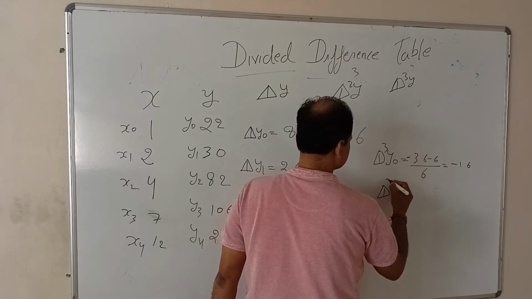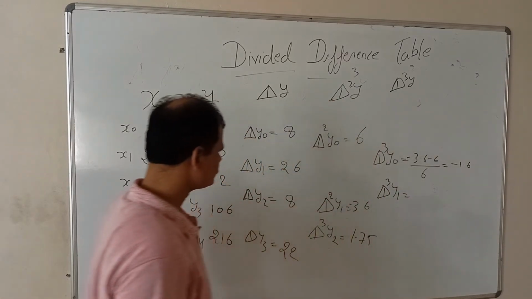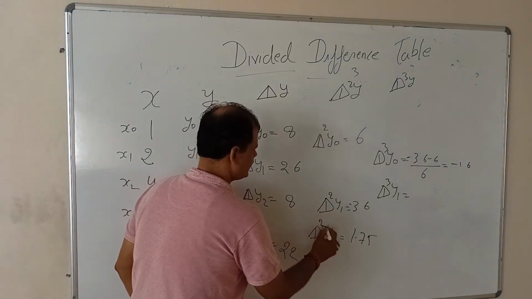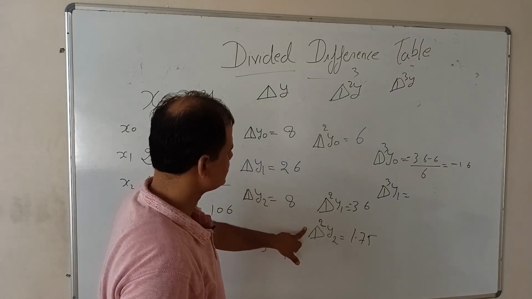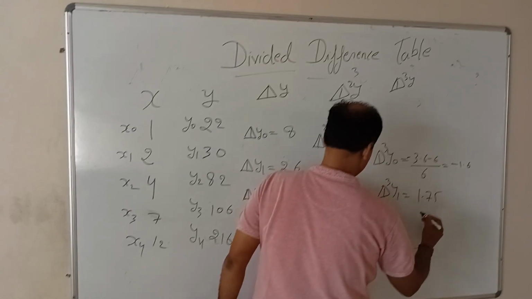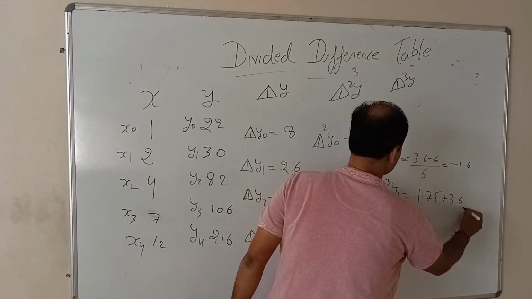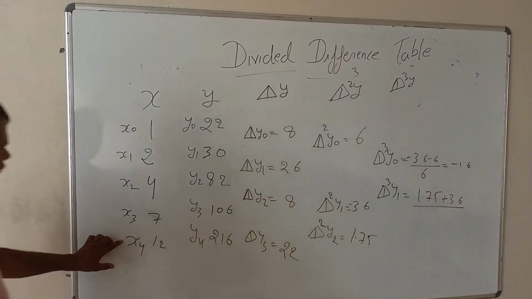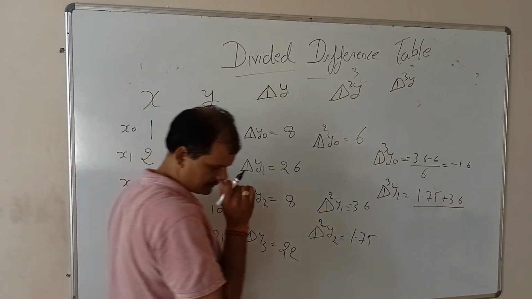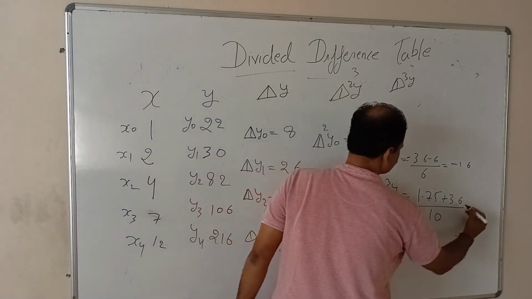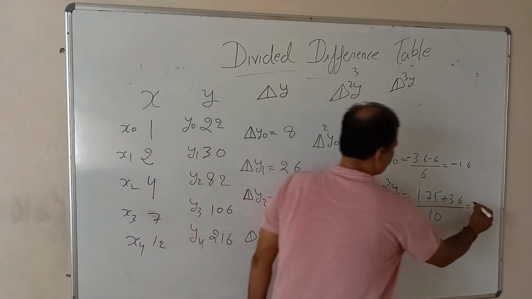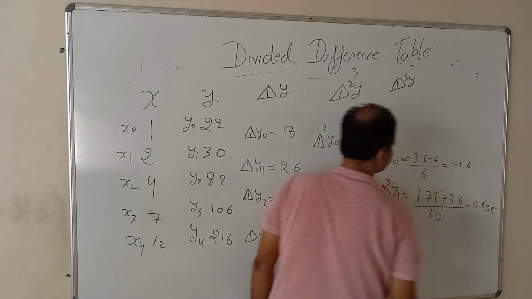And delta cube y1 means delta square y2 minus delta square y1. So 1.75 plus 3.6 divided by x4 minus x1. So 12 minus 2, 10. So your delta cube y1 answer will be 0.535.